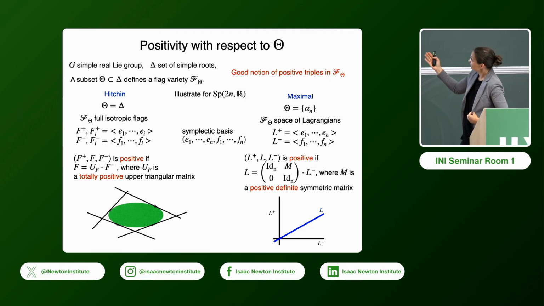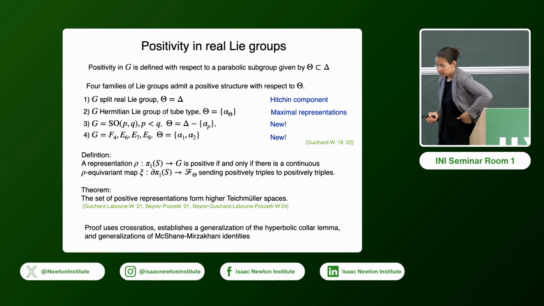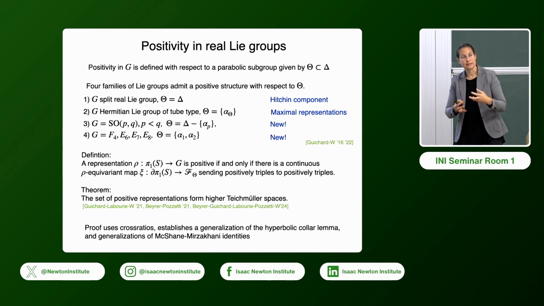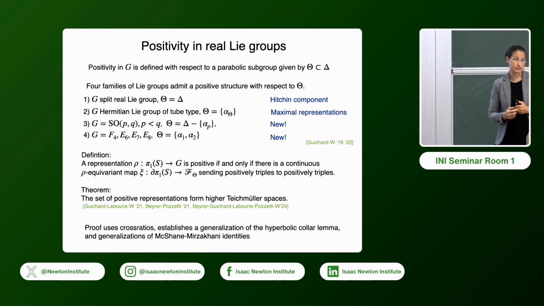When you want a notion of positivity on the full flag variety, it's a bit more complicated. It has to do with total positivity in Lie groups. So you get a unipotent matrix where every minor which is allowed to be non-zero is positive.